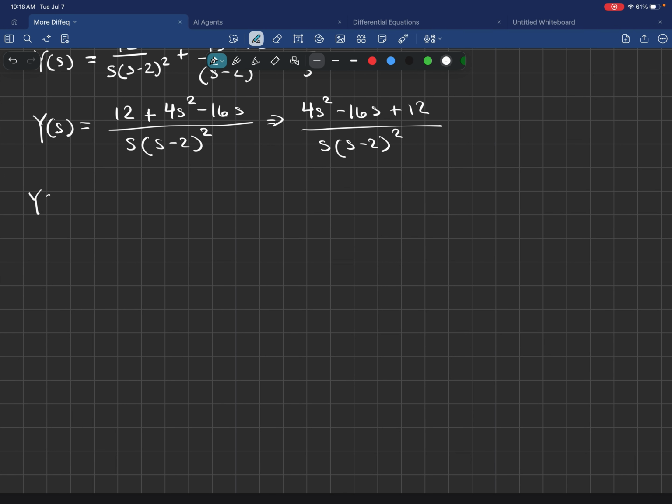So this is going to be A over s plus B over s minus 2, and then plus C over s minus 2 squared.